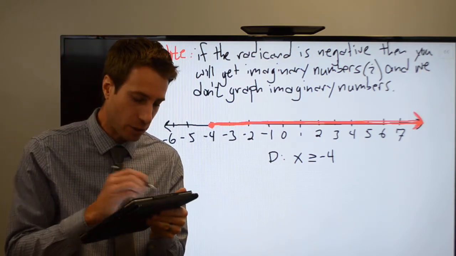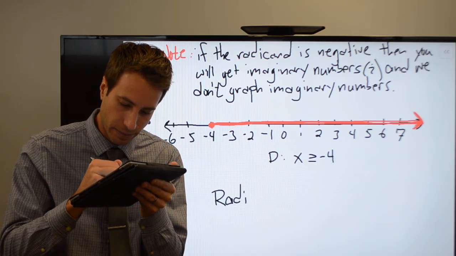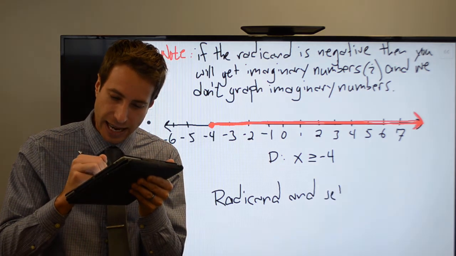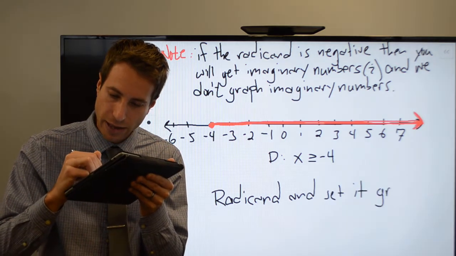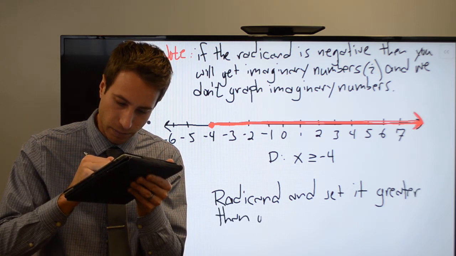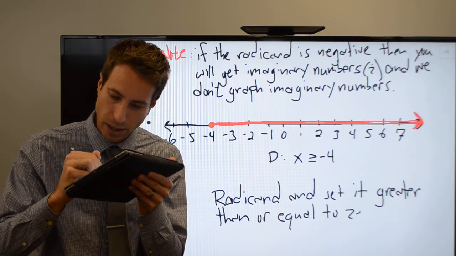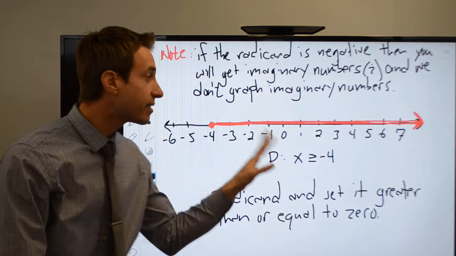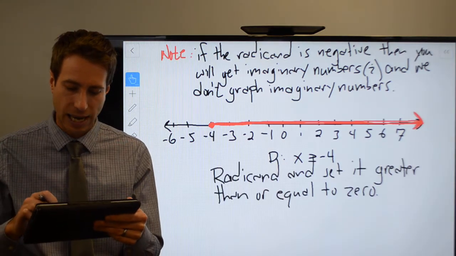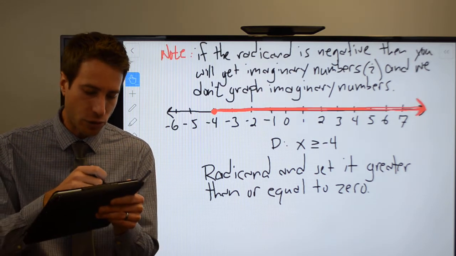All you have to do is take your radicand and set it greater than or equal to 0. If you like the number line, please feel free to draw them, and I'll continue to draw the number line a couple more times just to help you guys see it. But again, you don't have to draw the number line every time.